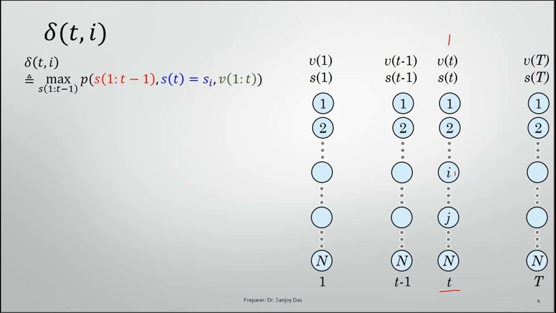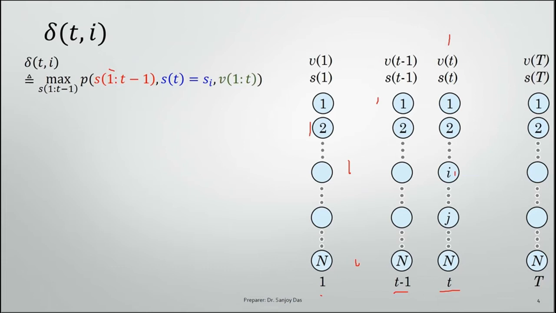It could have gone through at time step 1, it could have begun with 2 and then gone to 3 and then maybe n and then back to 1 and so on until at time step t it reached state S sub i. So how many ways are there? There are n to the power of t minus 1 possible state sequences through which it would have arrived at this state S sub i. And that's what we are doing this maximization over. All possible prior state sequences.